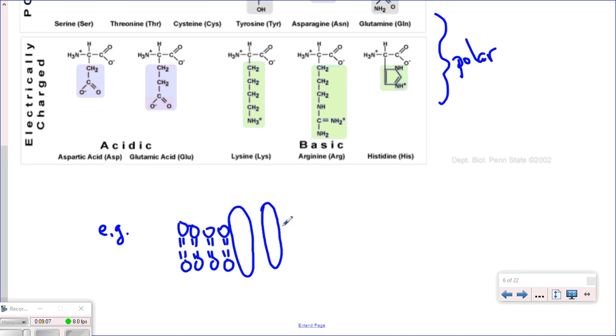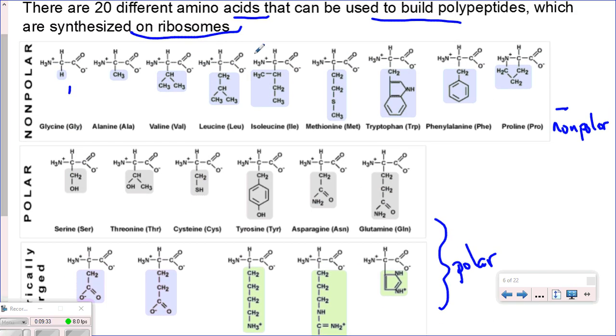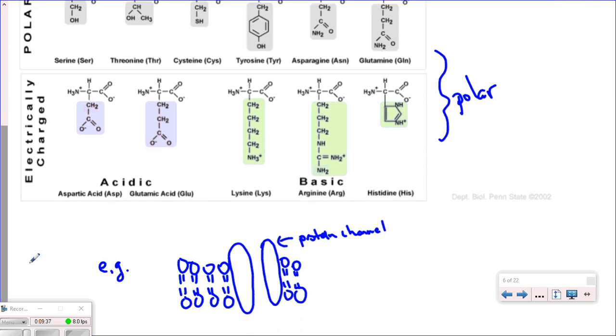So we'll draw those two parts to it. Finish off the membrane here. So here is our protein channel. Here's the channel itself. So just remember that proteins, here's a protein, are made up of amino acids. So all these amino acids here are combined together in different orders to create proteins.